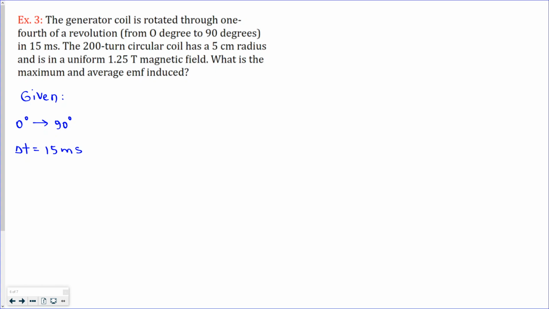We know the number of turns is 200, and the circular coil has a radius of 0.05 meters, and it is located in a uniform field of 1.25 Tesla. We are asked to find, in part A, the maximum EMF, and in part B, the average EMF.